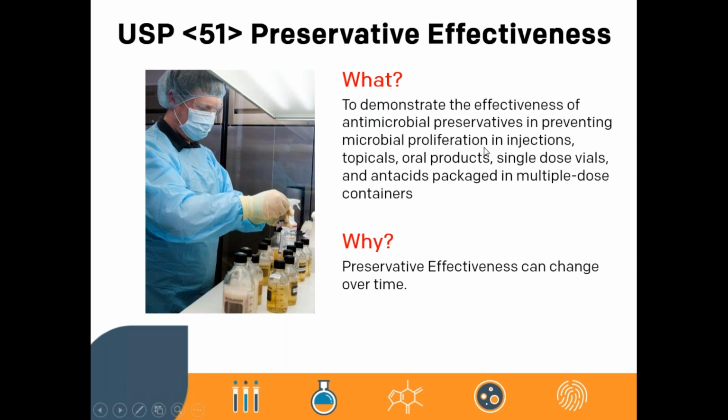The preservative effectiveness, sorry about that, you guys, we appreciate that. Thank you, Ms. Dean, for correcting this technical issue. The test really displays the ability of the preservative to both kill the microbe and prevent that growth.